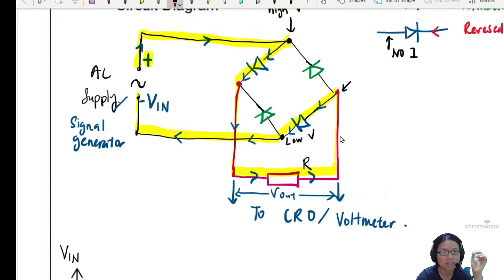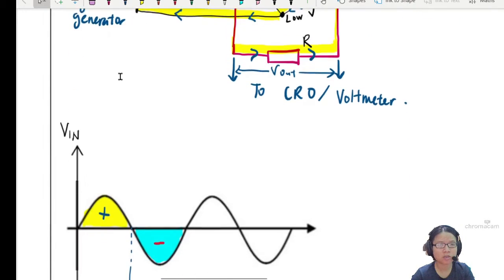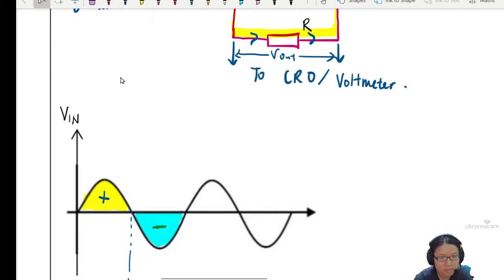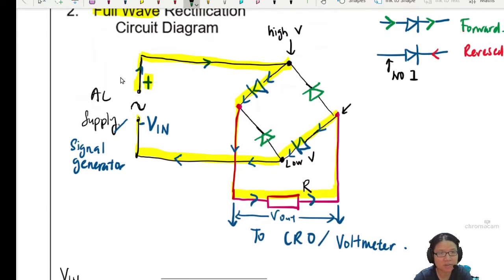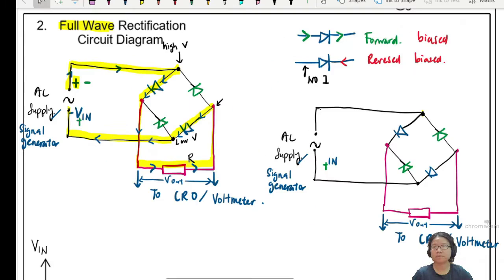So for negative cycle, I think I will use green. Okay, so this is your negative cycle. For negative cycle, this one will be negative and this one here will be positive, meaning the current will reverse flow. Okay, so to make this a bit easier, I will redraw the circuit on the side, and then we will plot the second half cycle.